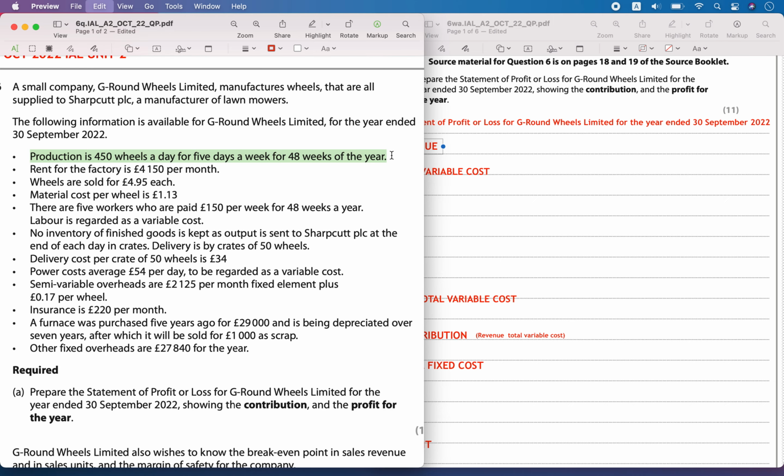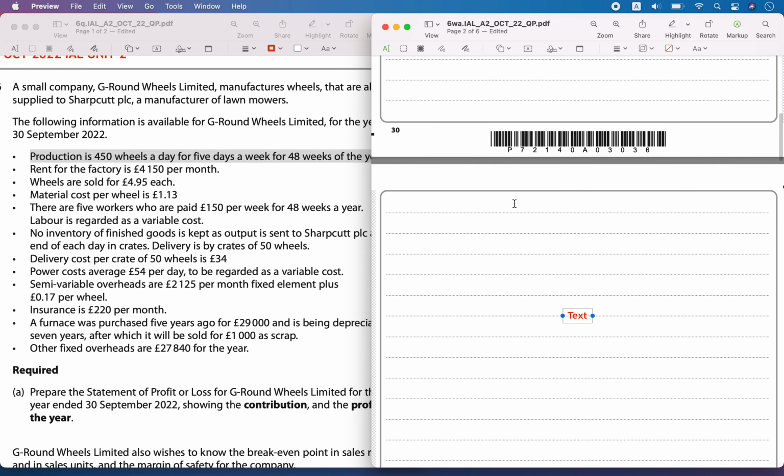This is the production quantity they are mentioning, so we can calculate the production quantity here. It is 450 into 5 into 48, which is equal to 108,000.